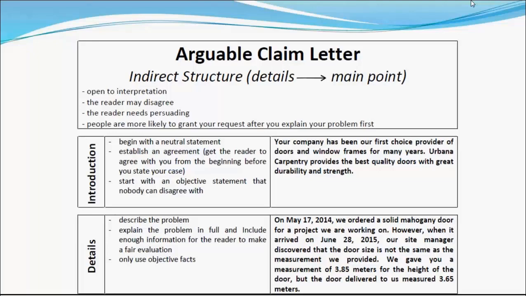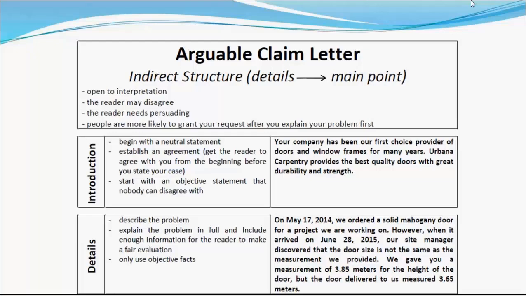We gave you a measurement of 3.85 meters for the height of the door, but the door delivered to us measured 3.65 meters. So he's describing the problem. He's explaining the problem in full and including enough information for the reader to make a fair evaluation.